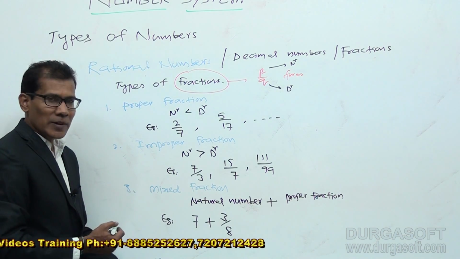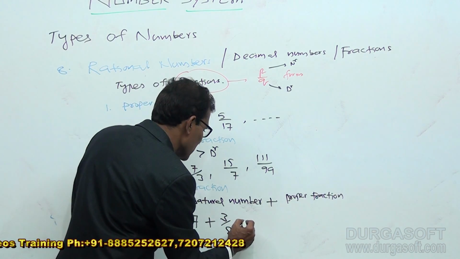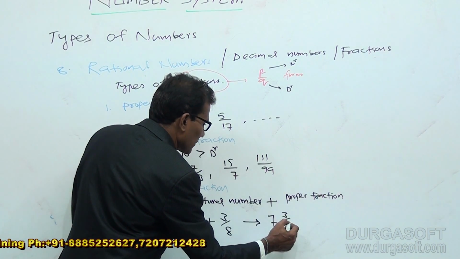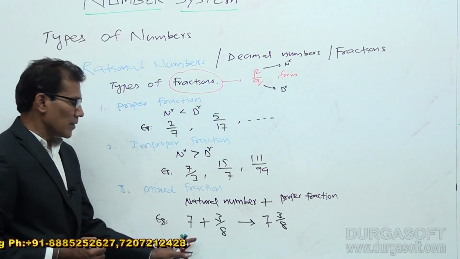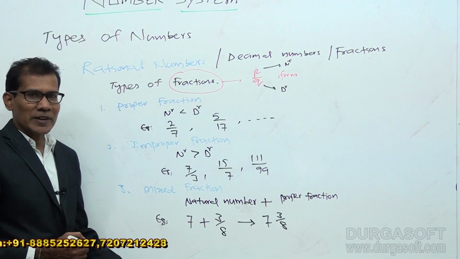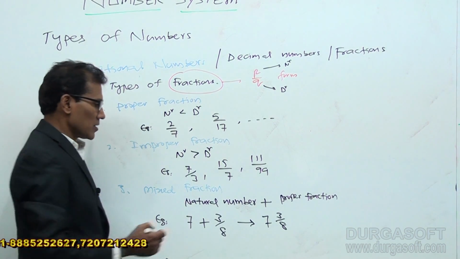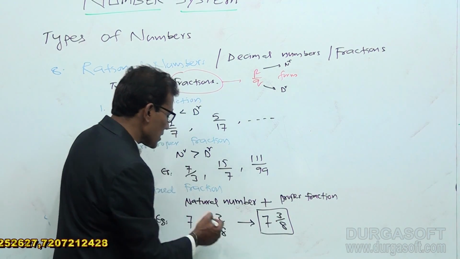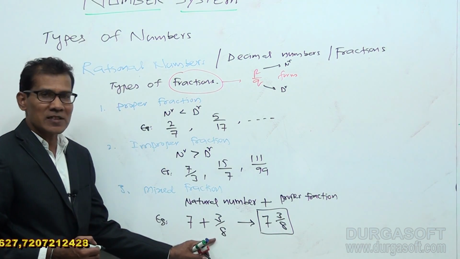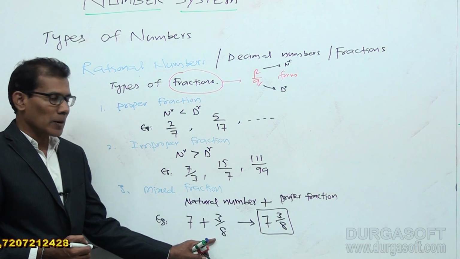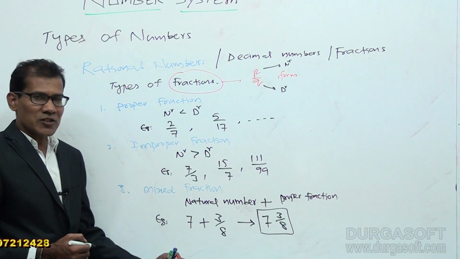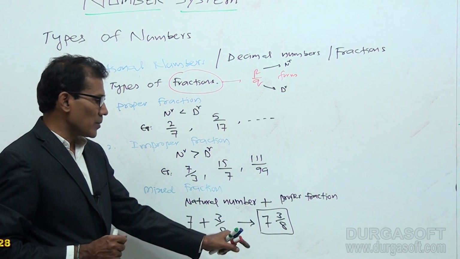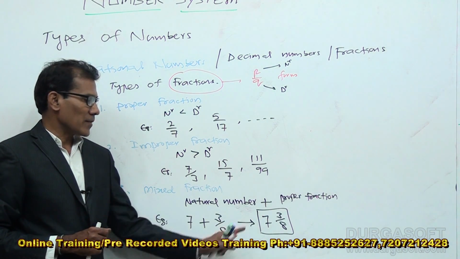This 7 plus 3 by 8 also we can express as just 7 3 by 8. In the real time examination, we see in the question this type of 7 3 by 8, but it is not split and given like 7 plus 3 by 8. But while solving the problems related to these fractions, better always we need to understand 7 plus 3 by 8 is nothing but 7 3 by 8.